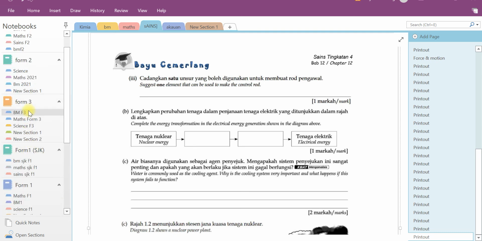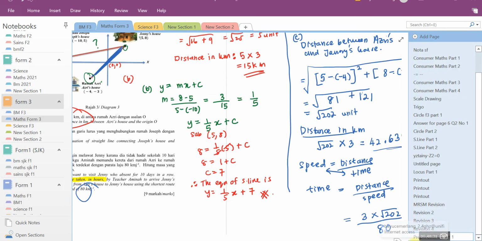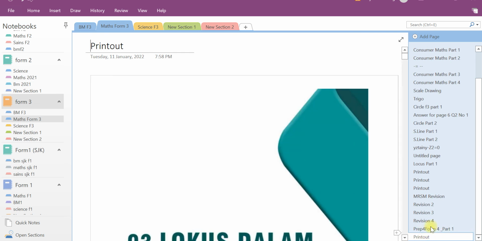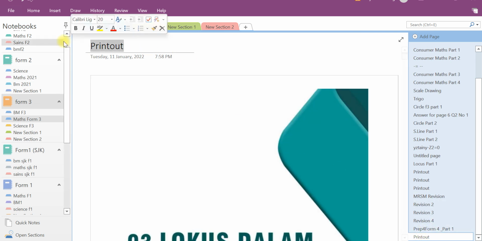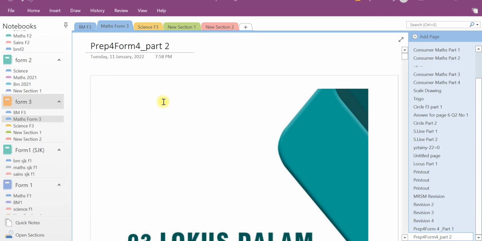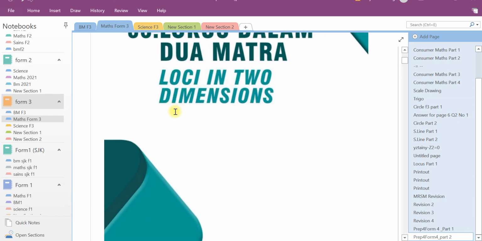Okay, where is our file, maths form 3, prep for form 4 part 2. The locus we will do next week.